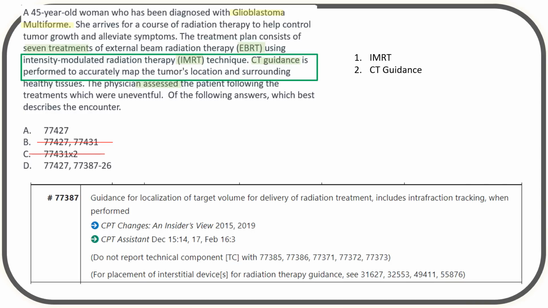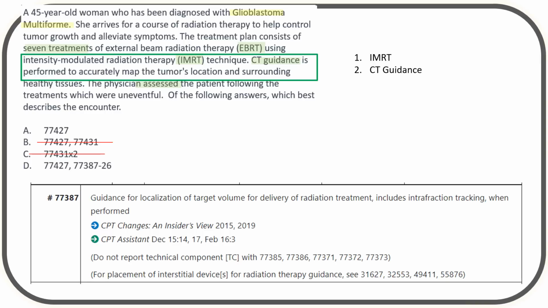This is guidance or localization of target volume for delivery of radiation treatment. Includes intrafraction tracking when performed. So you know what? Our provider used CT guidance to accurately map the tumor's location and surrounding healthy tissue.